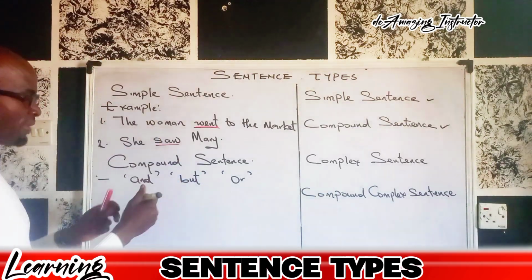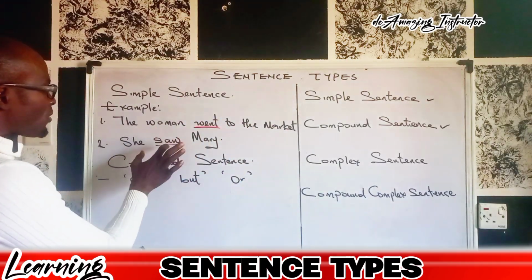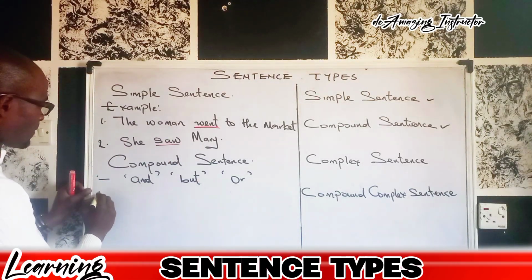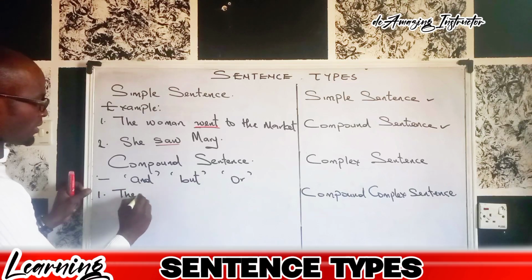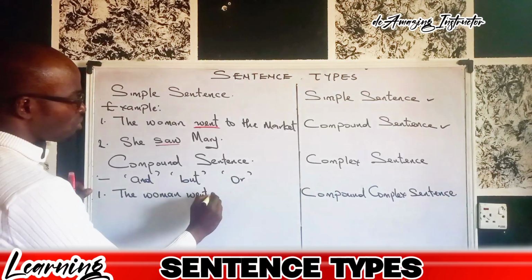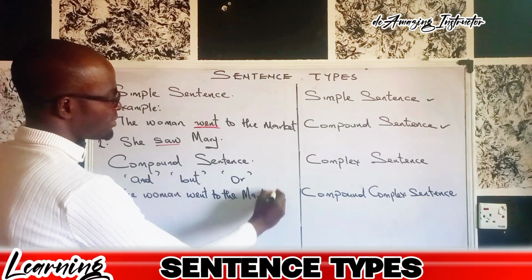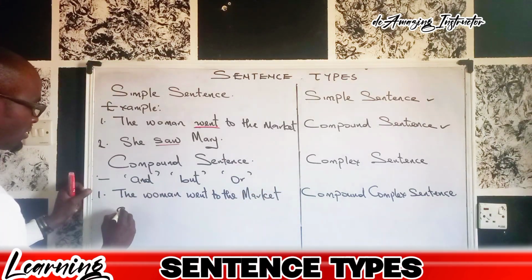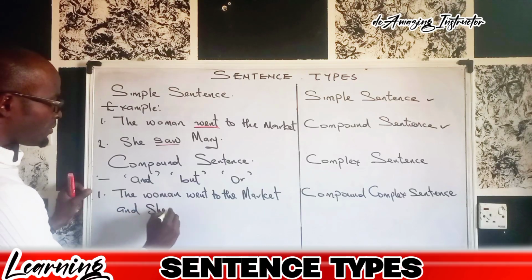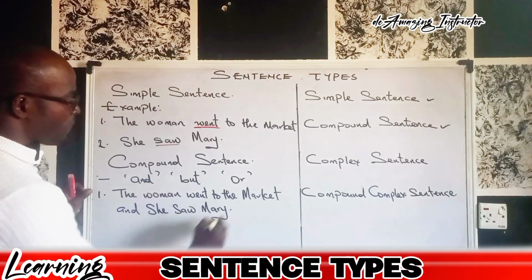Now, with the illustrations we have above, it is known that the woman went to the market is an independent clause. She saw Mary is an independent clause. Let's try to combine them together. Now we have: the woman went to the market and she saw Mary.